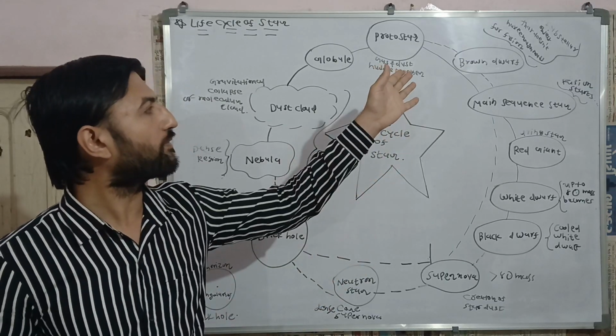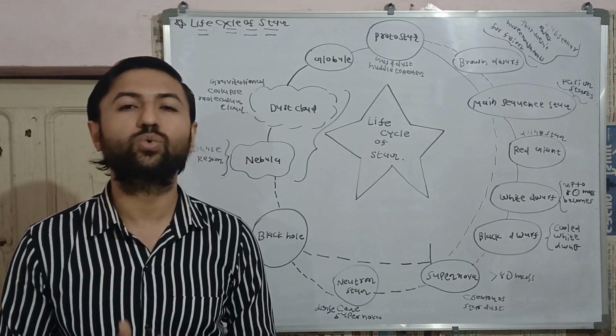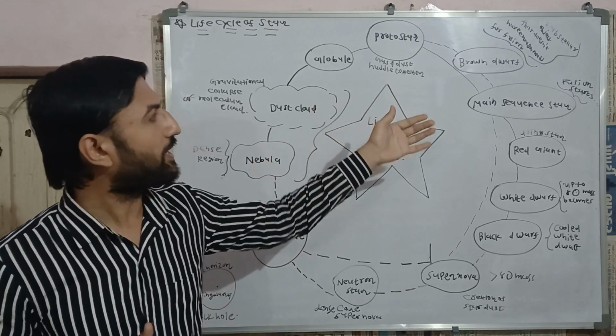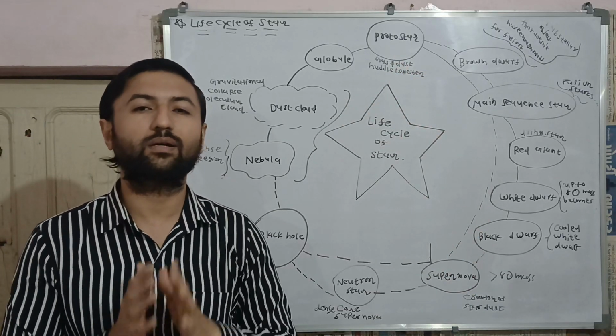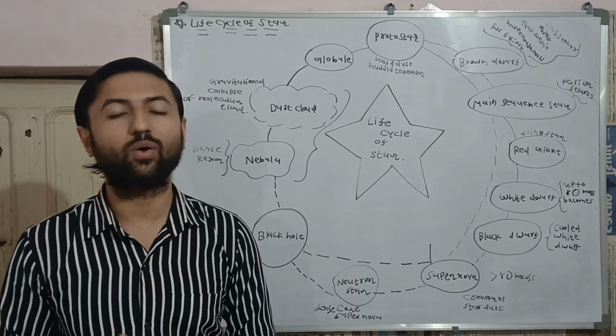But brown dwarf star doesn't have enough mass to start nuclear fusion. So that is why it cannot create a complete star that we are seeing right now in the sky or space.